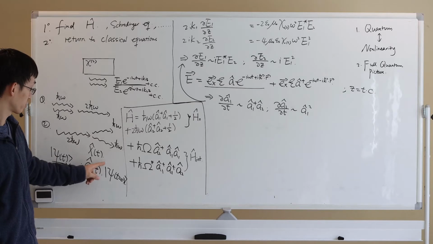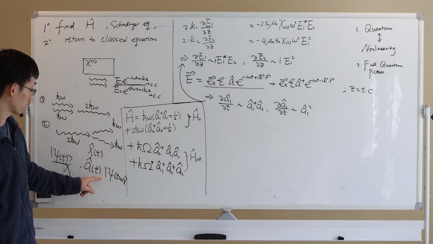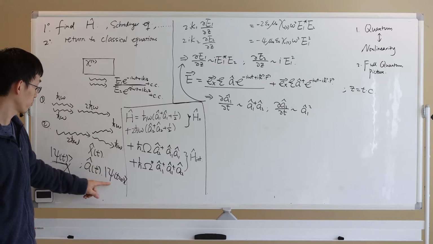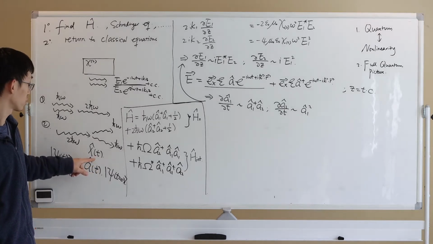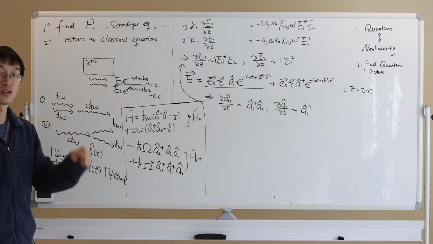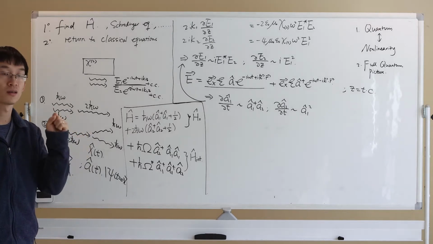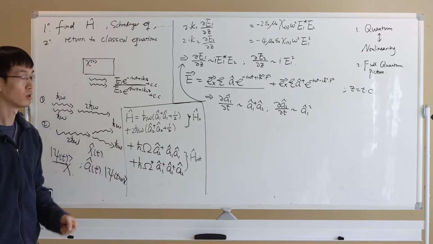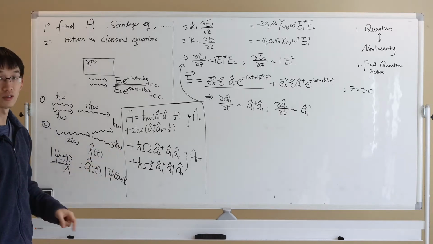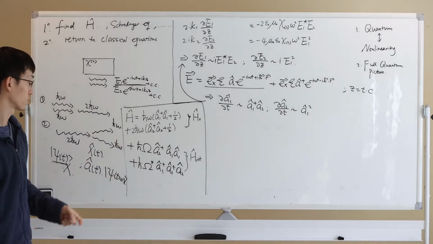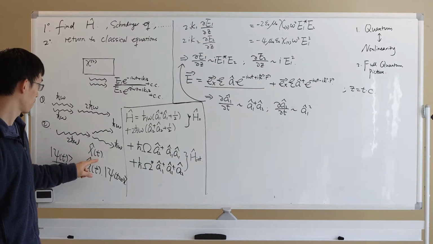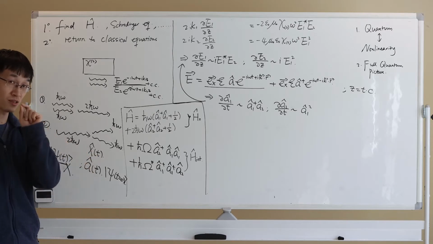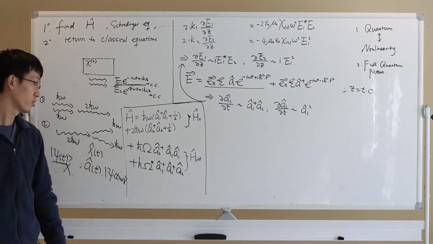So in this picture, the interaction picture or the Heisenberg picture, you are not tracking the wave function itself, but tracking the position operator. Tracking the position operator is almost like returning to the classical case, where you monitor the position, you measure the position all the time. So in some sense, this is more intuitive.